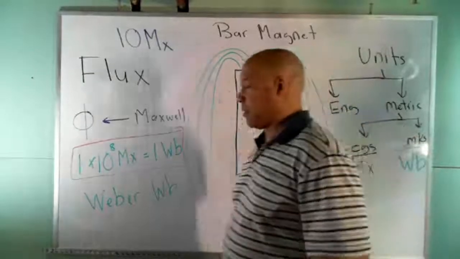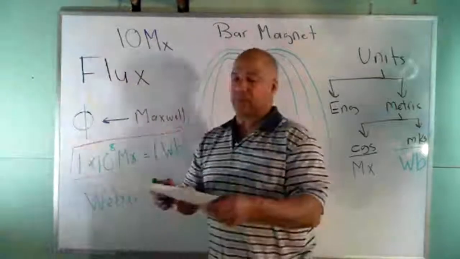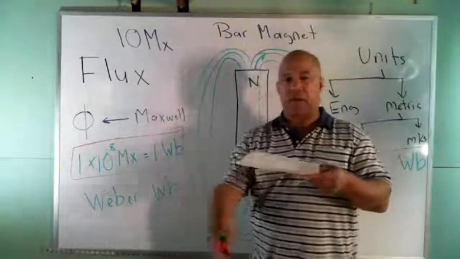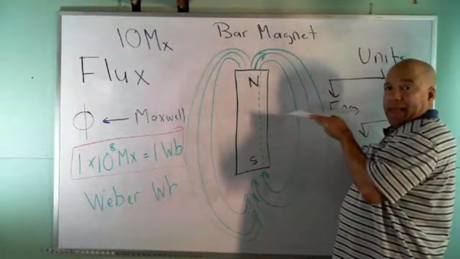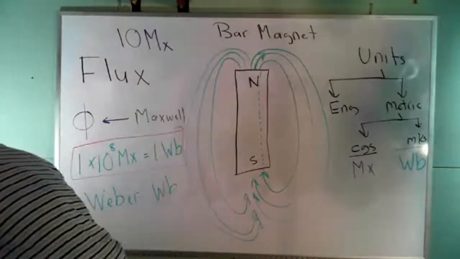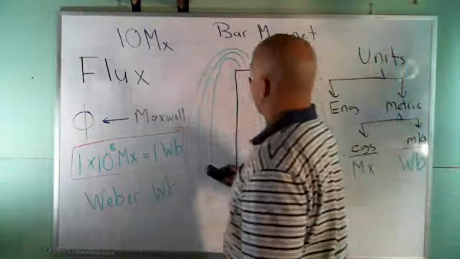Here's what's important. Imagine I take a plane surface, usually 1 meter square, a meter by a meter, 1 square meter, and I stick that in there like that.